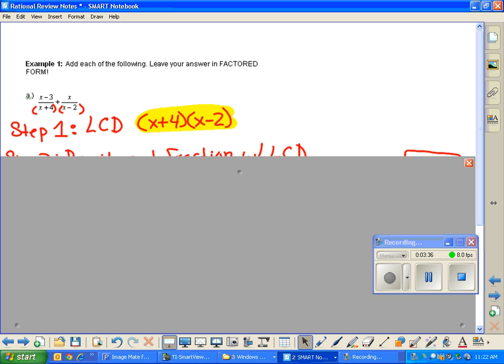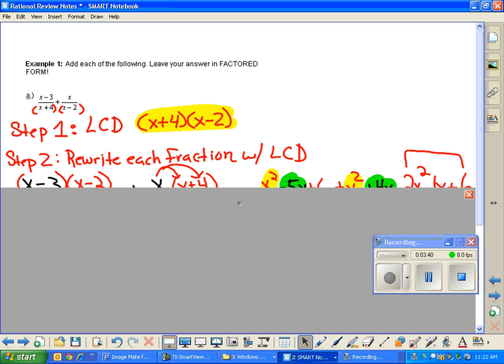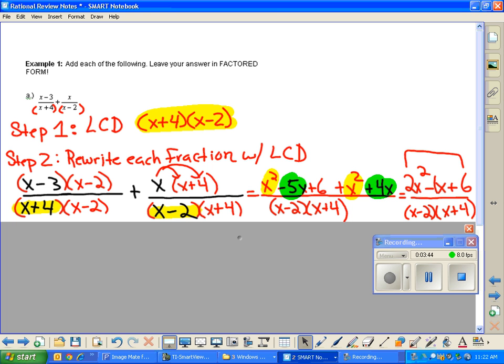Step 2 is to rewrite our original 2 fractions, oh my goodness, this is killing me. Rewrite each fraction with the LCD. So let's look at this first fraction right here. This is what we started out with, right? But we're missing the x minus 2 from the LCD, so that's why we're putting the x minus 2 in the denominator.